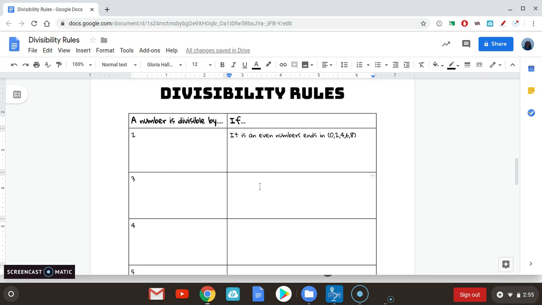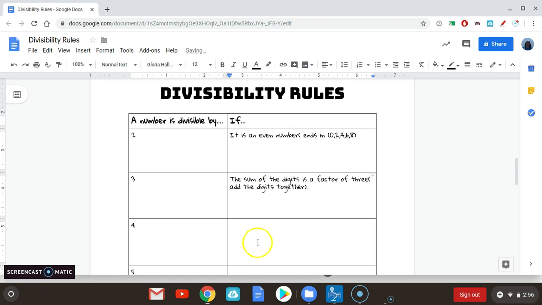A number is going to be divisible by 3 if the sum of the digits is a multiple of 3. So what I do here is add the digits together and see what I get.